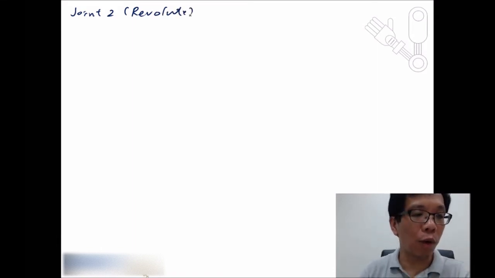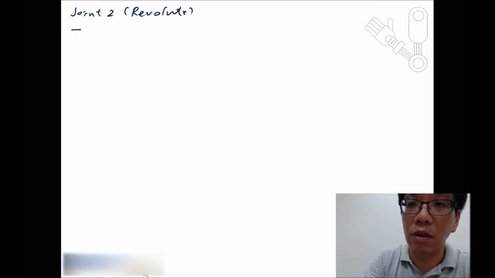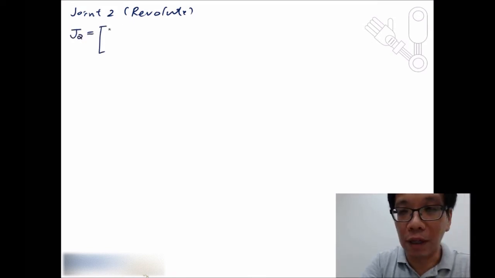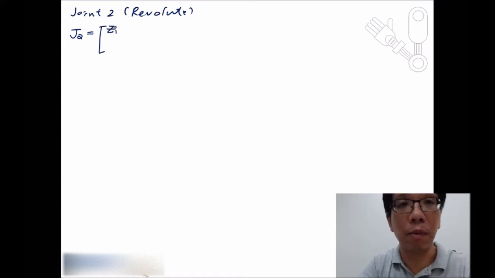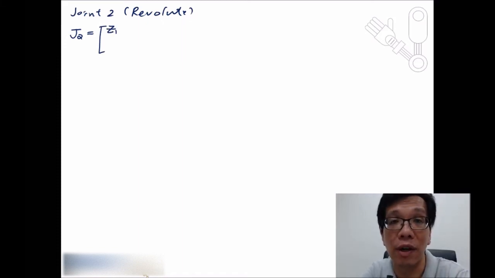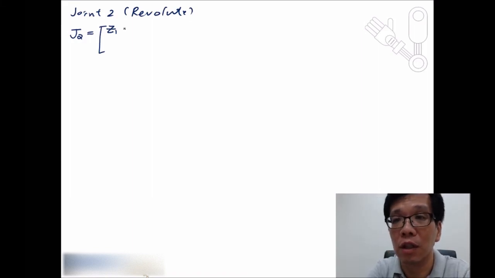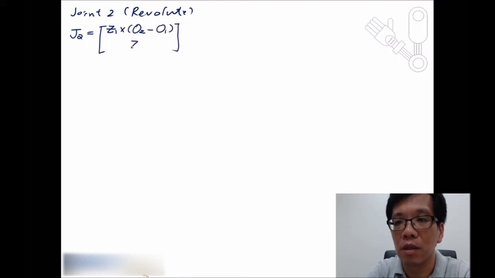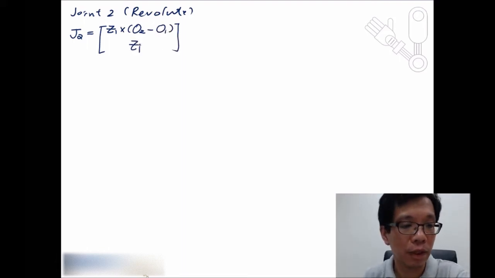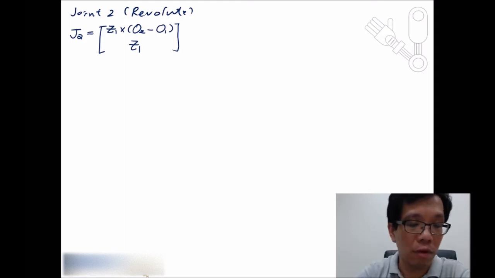So what we're going to do is, J2 equals to, write down the formula before we move on, because it's easier for us to identify which components are required for this calculation. This is going to be O2 minus O1. This is going to be Z1.